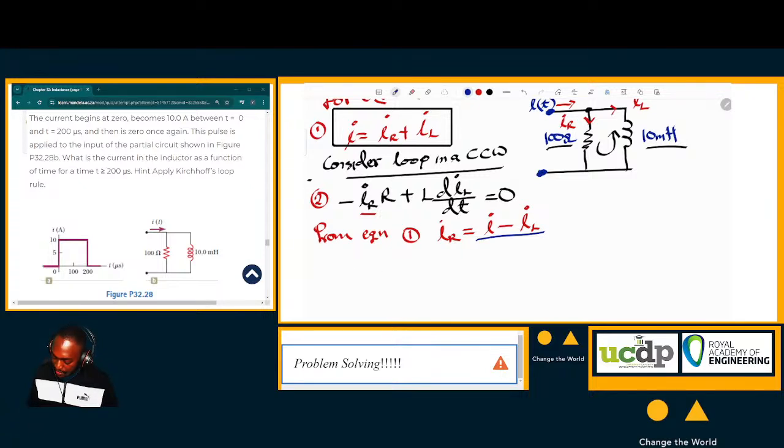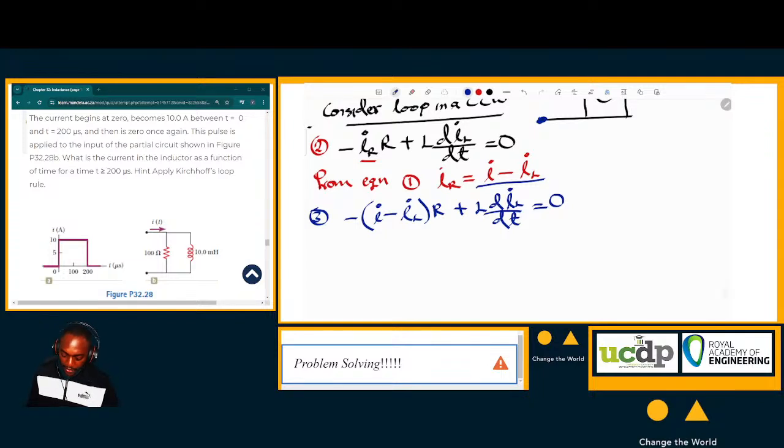So that becomes equation 3: negative (I minus IL) multiplied by R plus L dIL over dt equals 0.